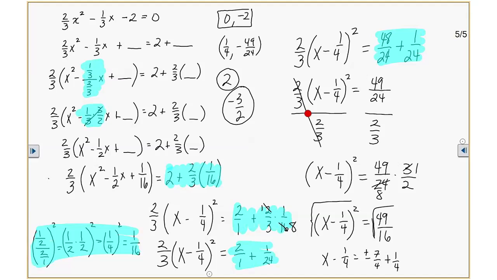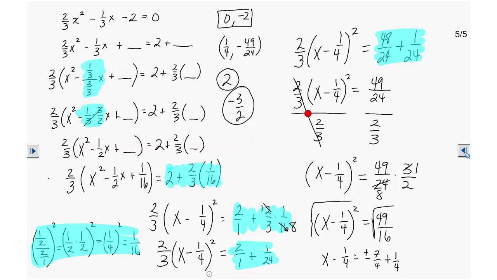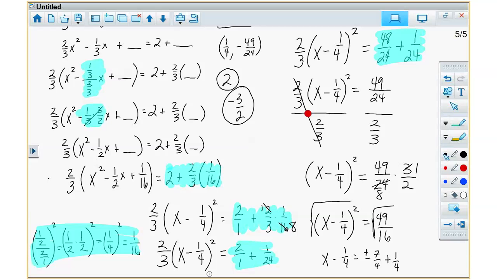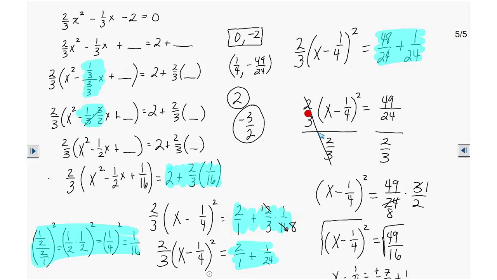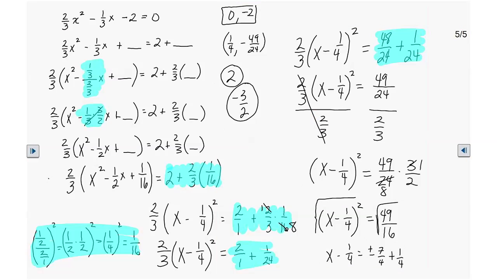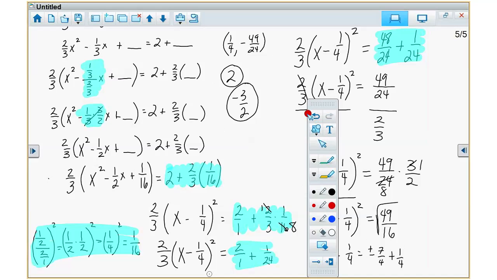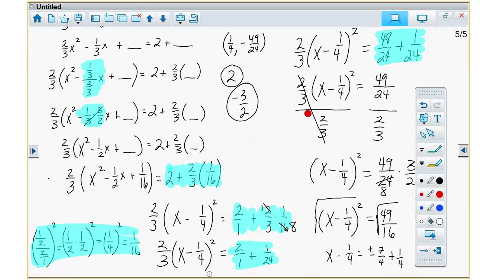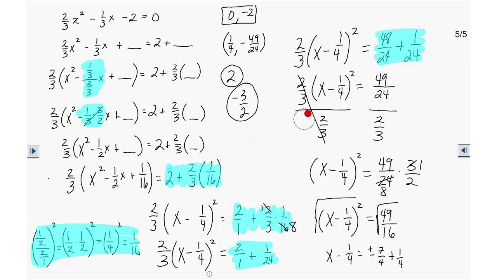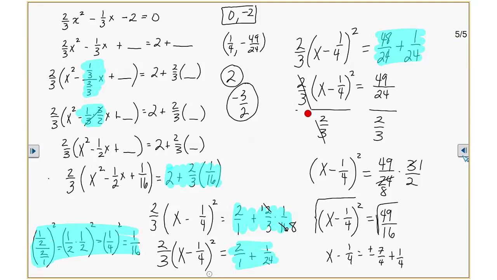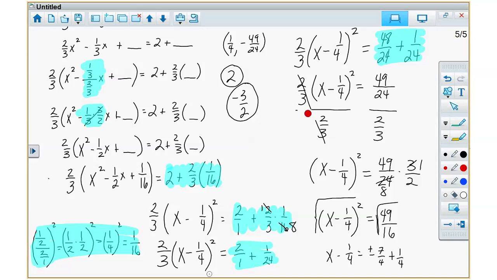Okay, what's your question? You ultimately, when you worked it out, got 1/16. I'm just confused what you put in here when you reduced it down. Right here? What did you put in for your square? You got that as x minus 1/4, is that right?